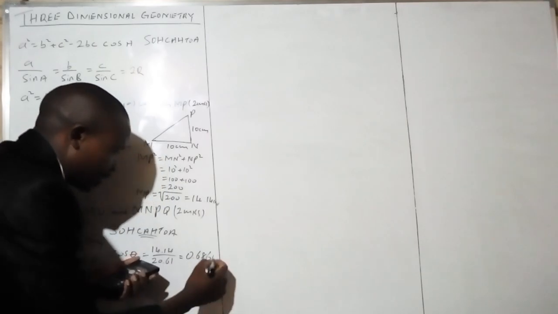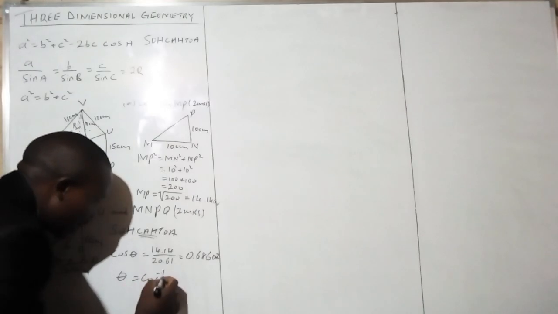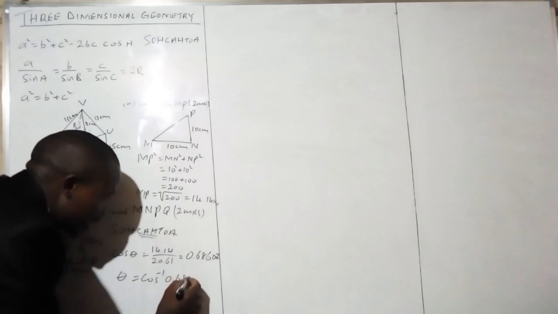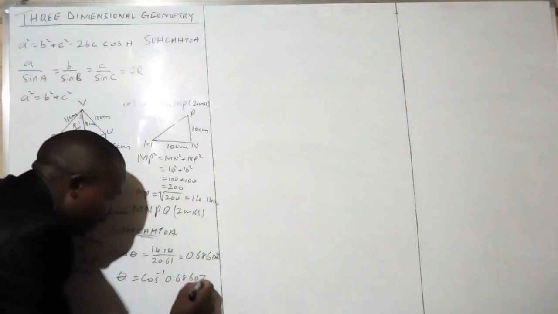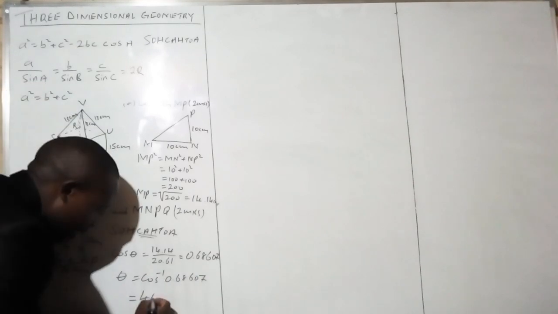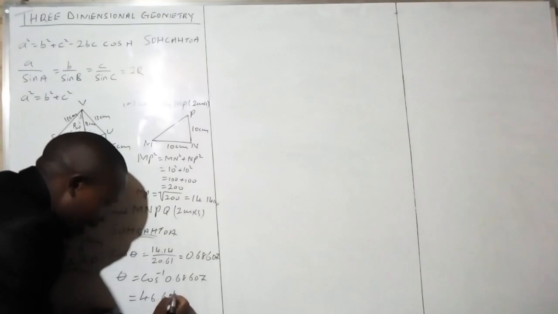Then theta is equal to anti-cos of 0.68607, which is 46.68 degrees to 2 decimal places. That should be the answer.